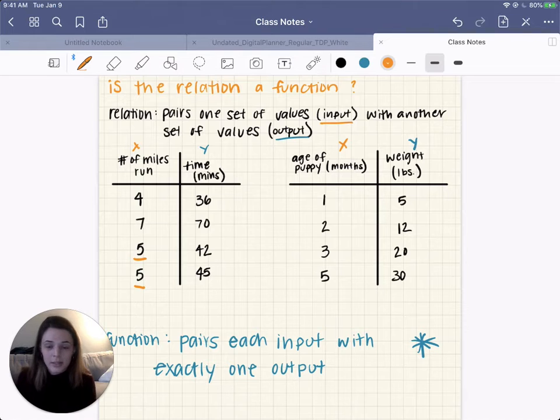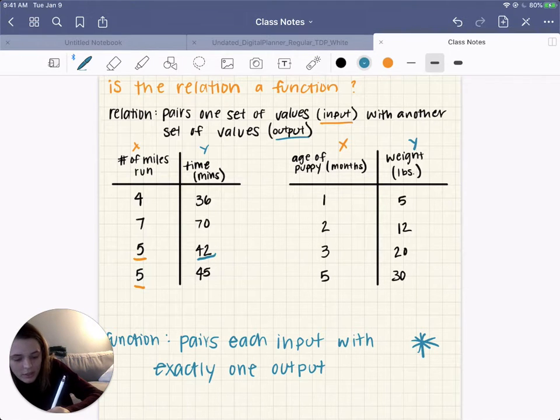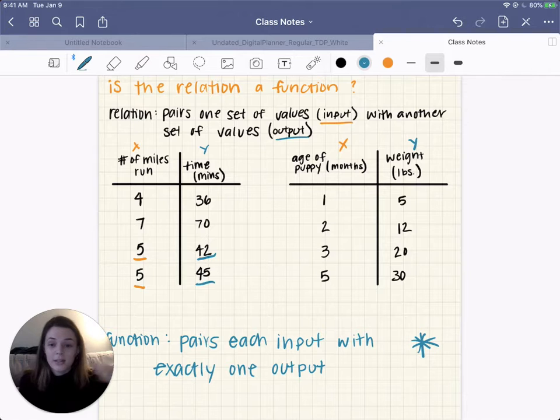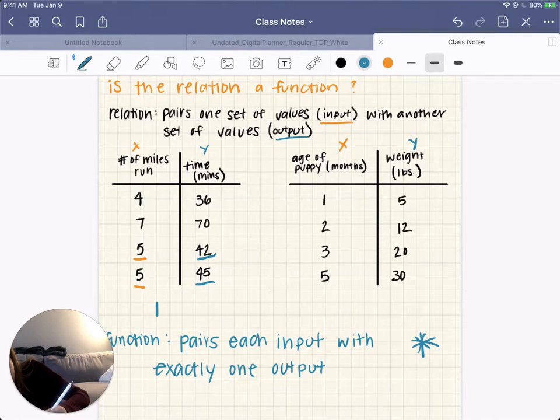You're putting in 5 miles, but you're getting a different output. The first time you take 42 minutes, the second time you take 45 minutes. So this relation is not a function. The number of miles run and time in minutes, that relation is not a function.